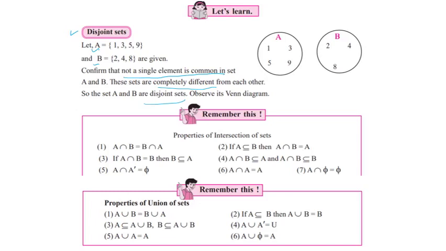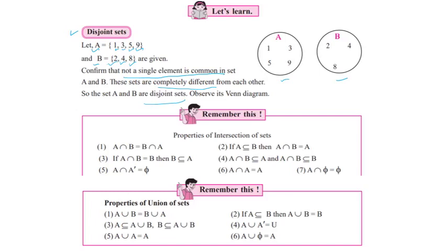Now see here, A contains 1, 3, 5, 9, and B contains 2, 4, 8. There is no single element common here, and therefore A and B are disjoint sets.